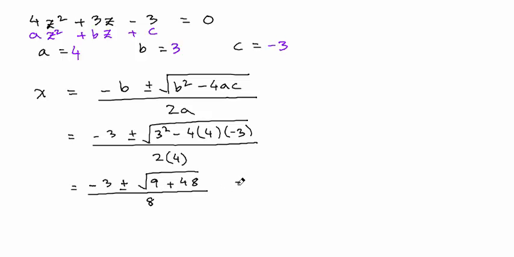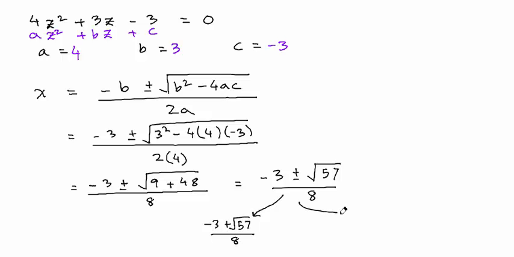Which is equal to negative 3 plus or minus square root of 57 all over 8. Now this has got two answers. Either it's negative 3 plus square root of 57 over 8 or negative 3 minus square root of 57 all over 8. These are the two values for x that would fit into this equation.